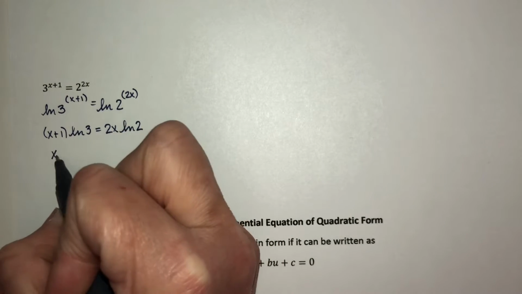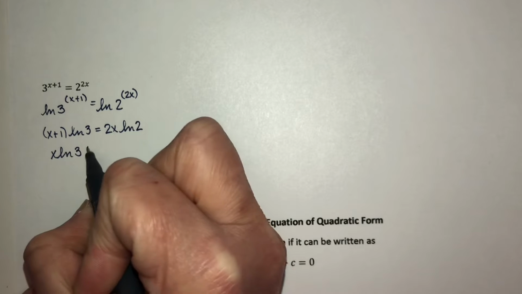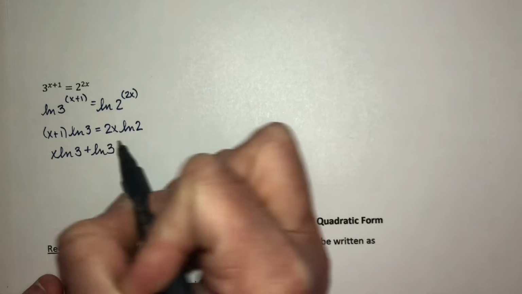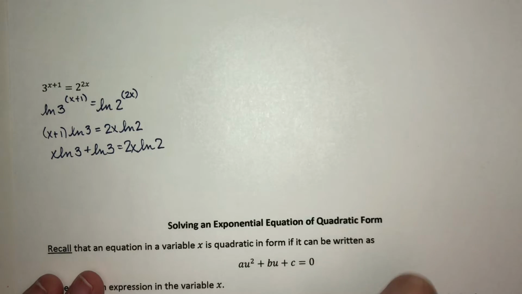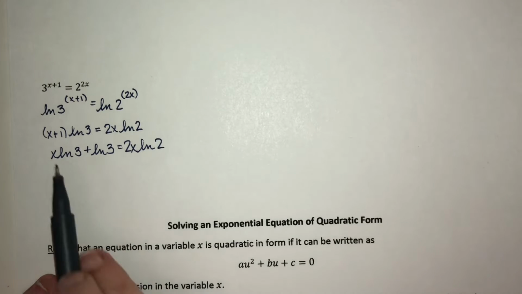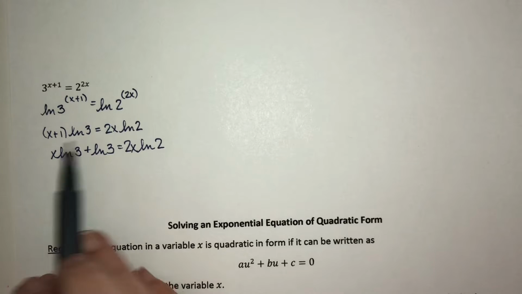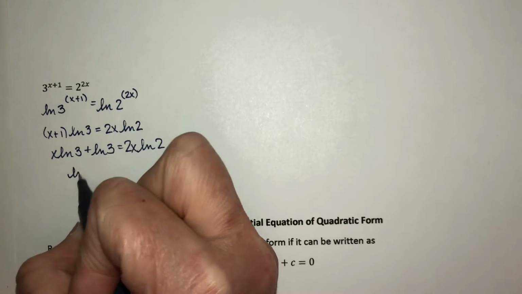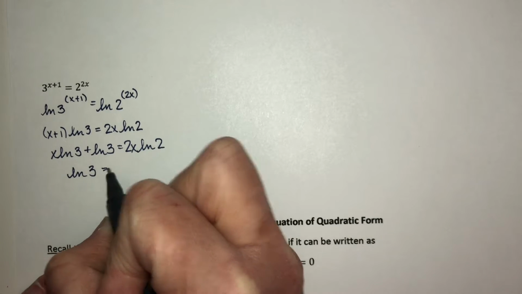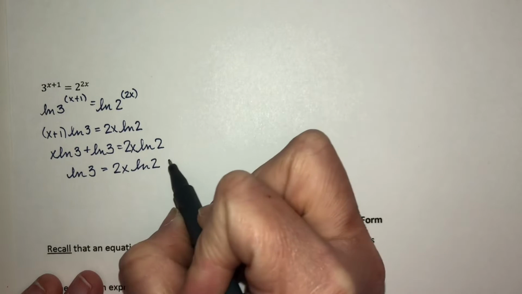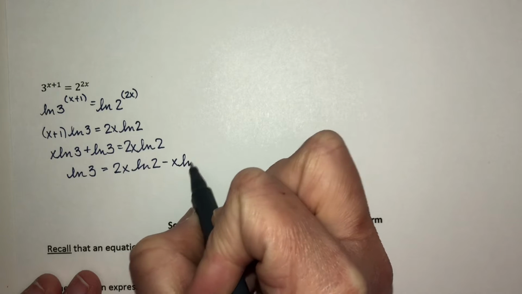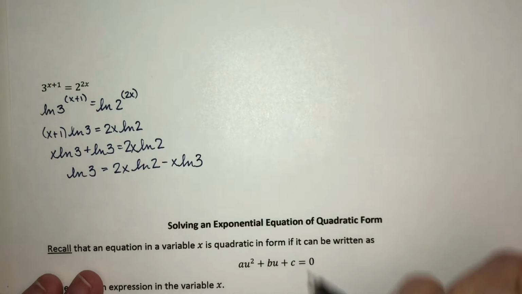So I have x natural log of 3 plus natural log of 3 is equal to 2x natural log of 2. Now we want our x's on the same side, so I'm going to subtract this over to here. I have natural log of 3 is equal to 2x natural log of 2 minus x natural log of 3.